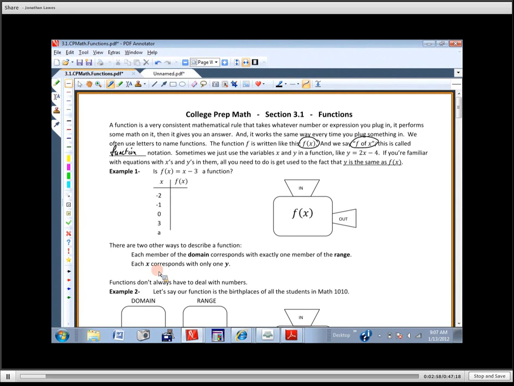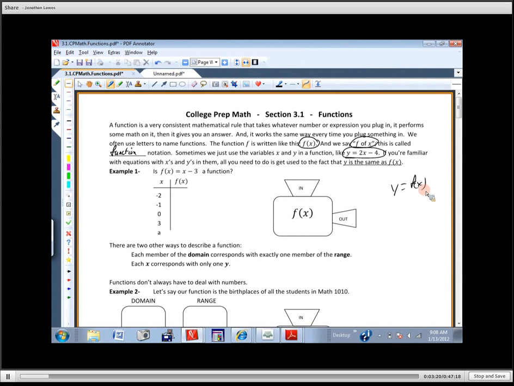Just like you've been used to working with things like y equals 2x minus 4, you're really familiar with working with x's and y's. y is the same as f of x. So y is exactly the same as f of x. Now, function notation has a lot of really nice properties, and we're going to try and develop some of those.